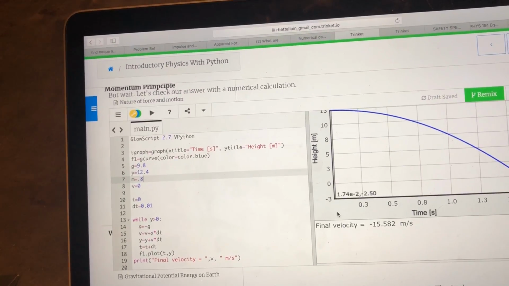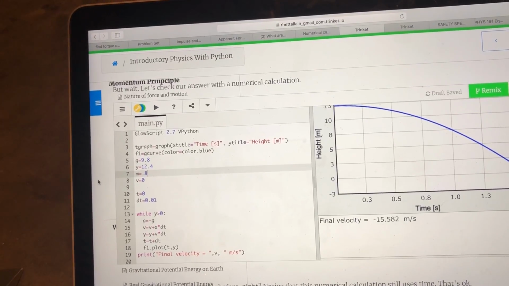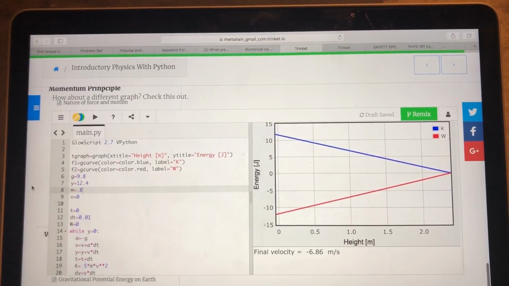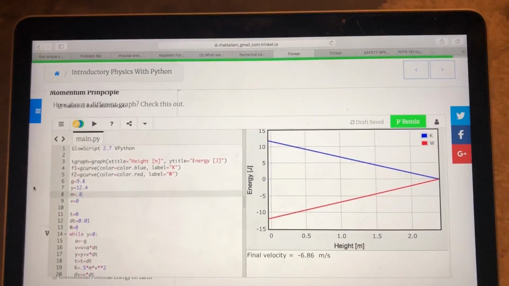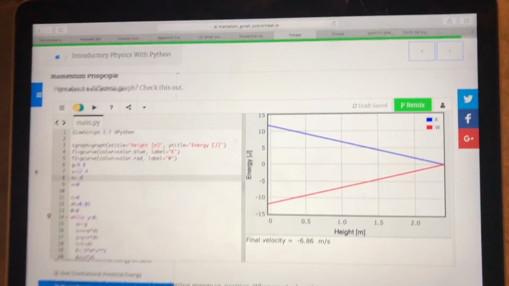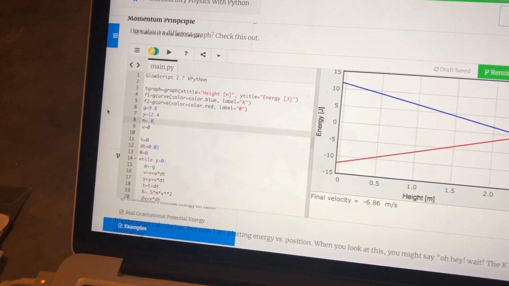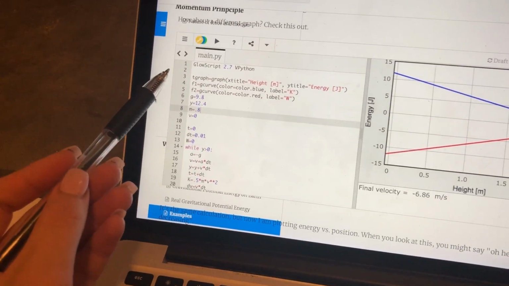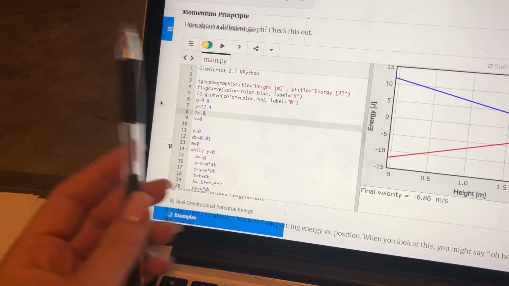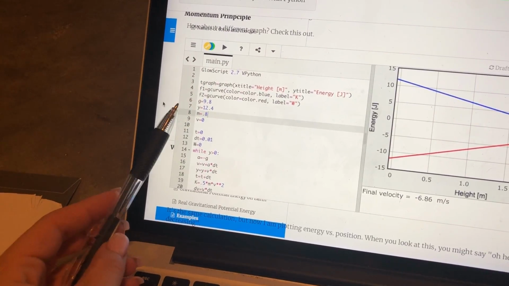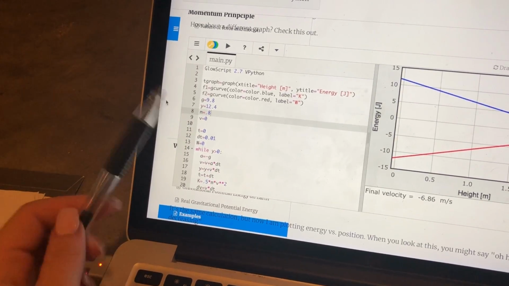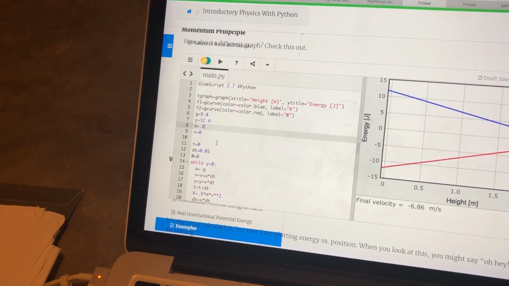After that, we could do it in another graph, the energy in joules over the height in meters. Same goes for here. Lines 3 through 5 are the graph, and lines 6 through 9 are the same information as above.